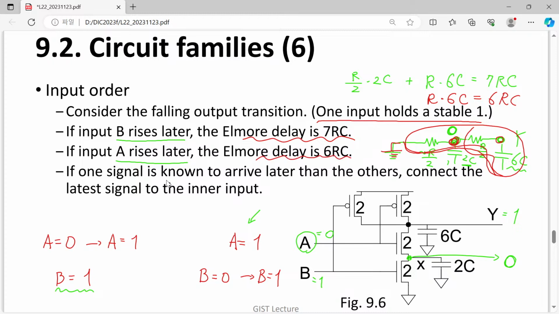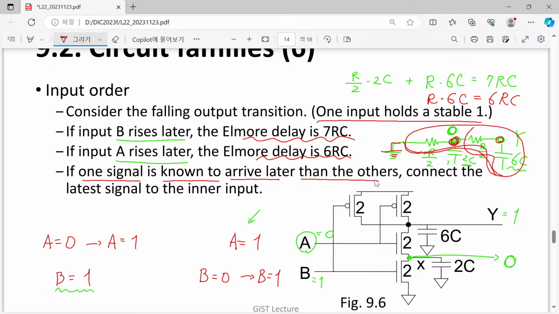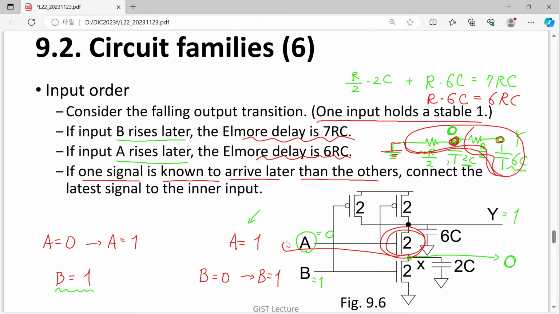So what we can say as a designer is, if we know that one particular signal is going to arrive later than the others, then it is beneficial to connect it to this A node instead of this B node, because the system just considers the overall propagation delay.